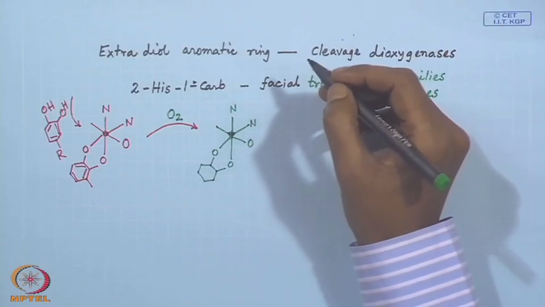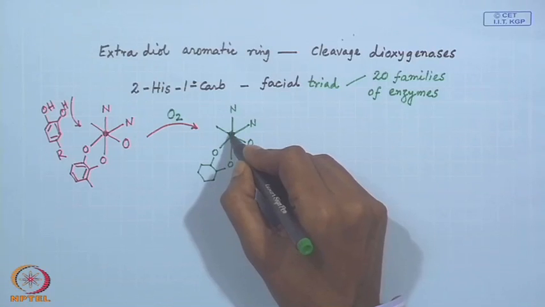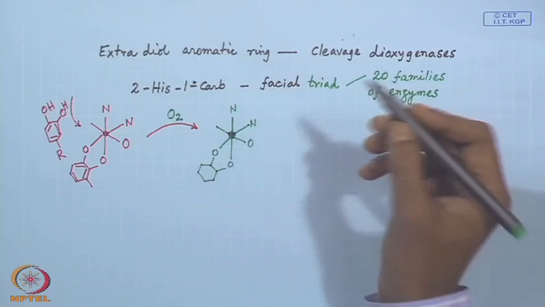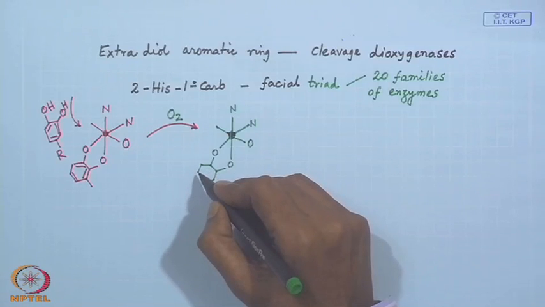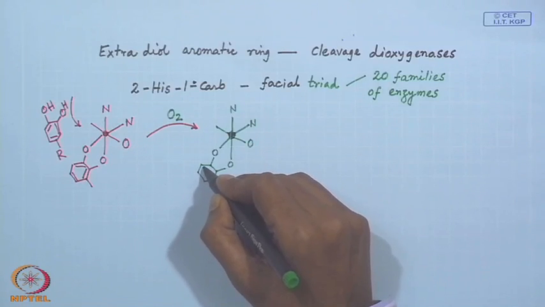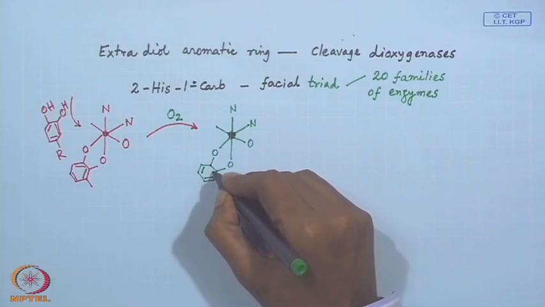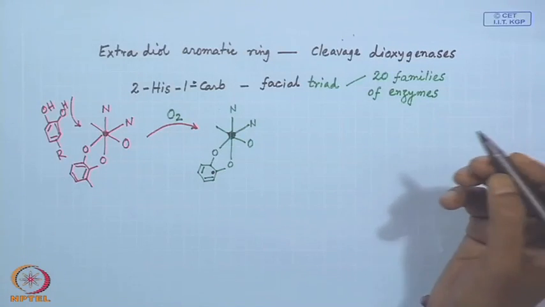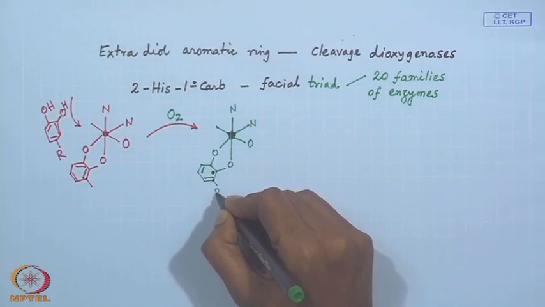and an interesting thing happens from here onwards: if your center is getting reduced, that means your bound ligand should be oxidized. So, if we have these 2 positions like this, we have an oxidized catechol site.